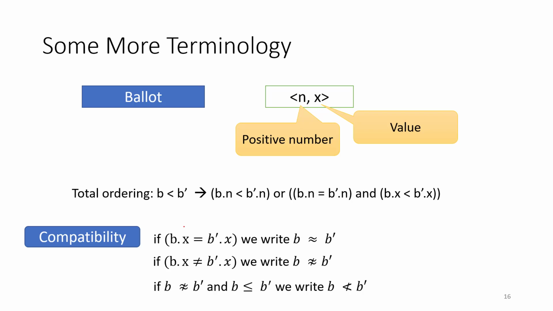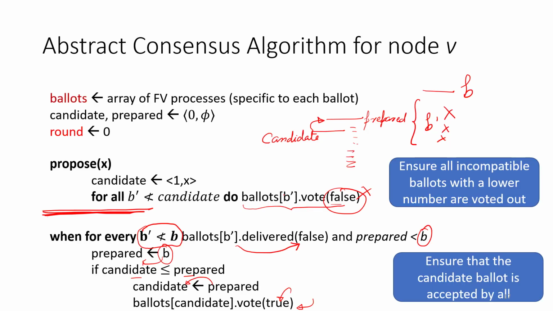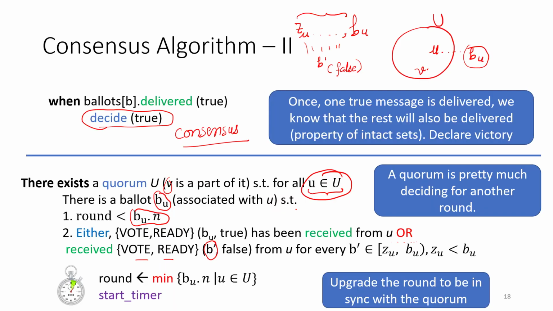So I'll show you where, one second. So they are part of this. So vote and ready are part of this federated voting process. So as a part of this federated voting process, it has received lower number ballots from an open interval which is less than BU, saying that look, all of you are false.